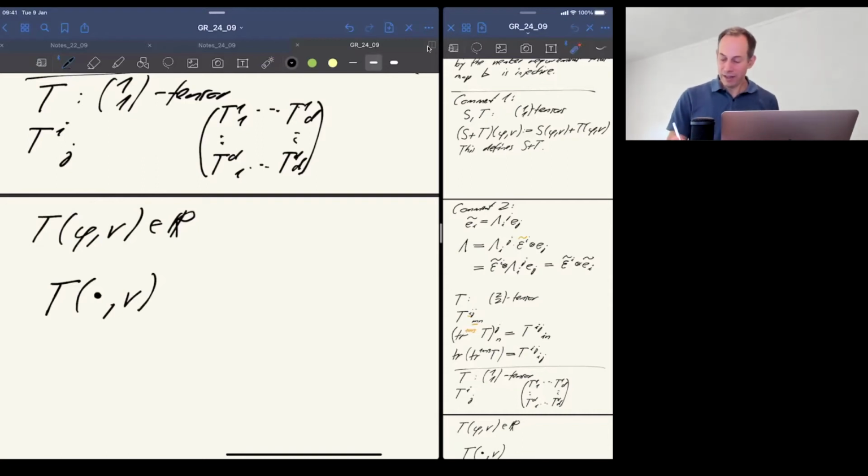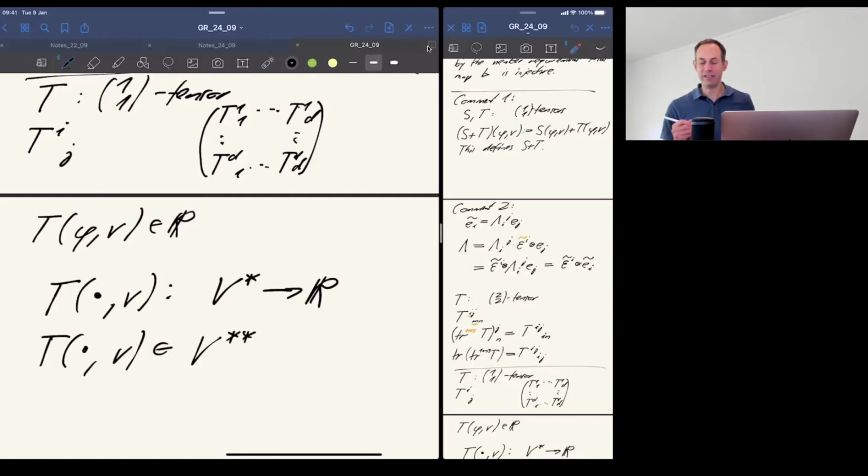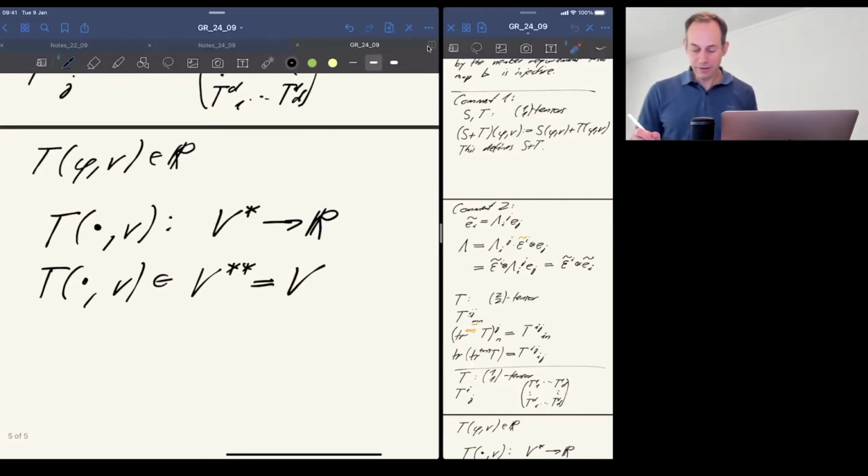This object that I obtained is by itself now a map that goes from V star to R. In other words, this object is an element of the dual space of V star, that is, V star star. But we said already that V star star is isomorphic to V, so we can identify these two things.